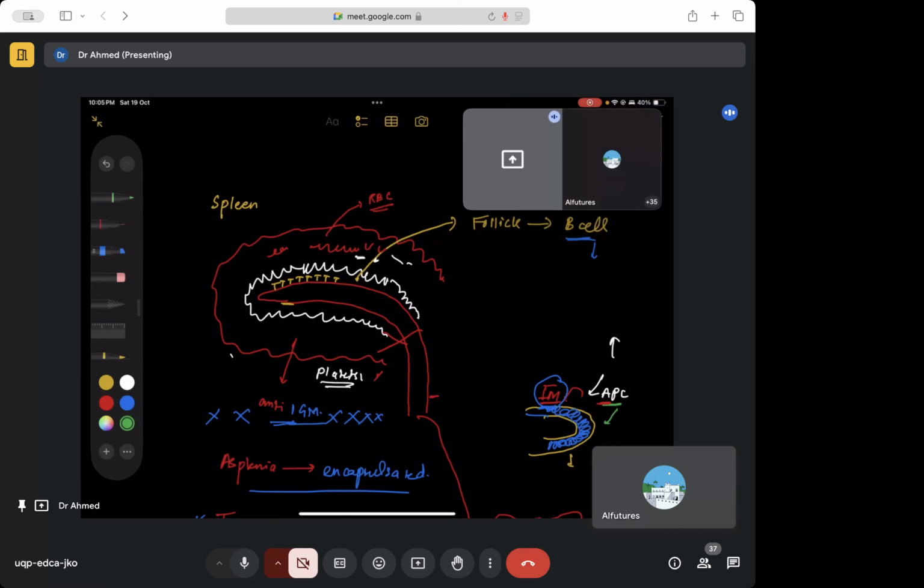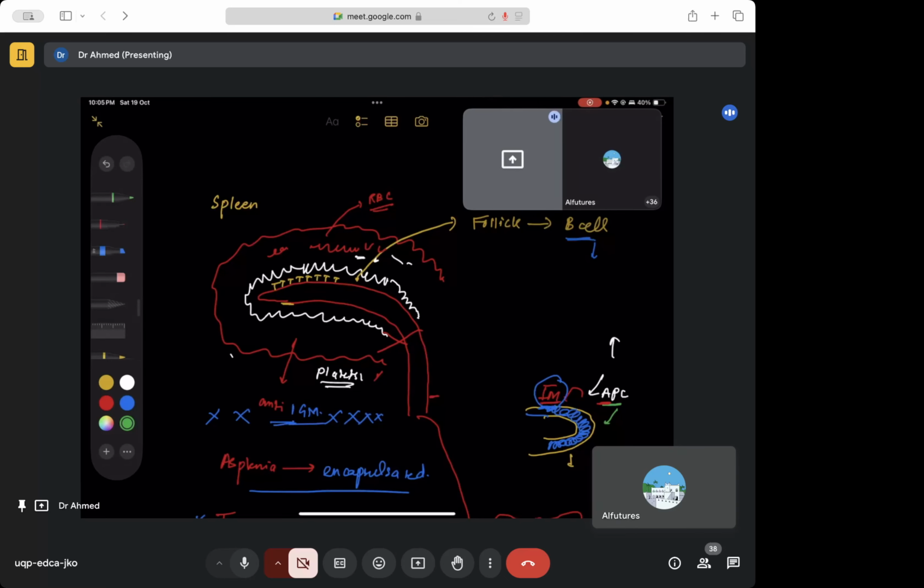So, for example, if a person is having asplenia, why would he be prone to encapsulated organism infections? Perfect. You need a tag molecule for the antigen presenting cells in order to recognize your encapsulated bacteria.